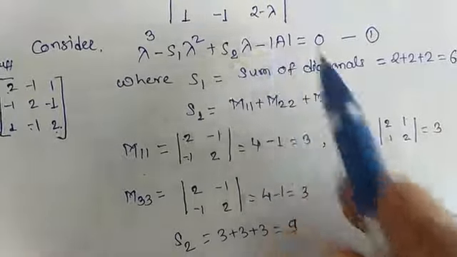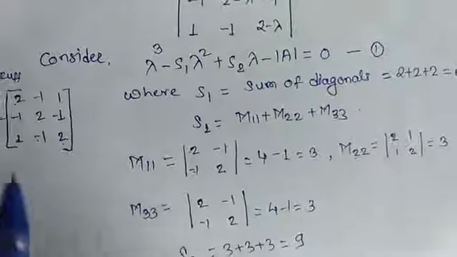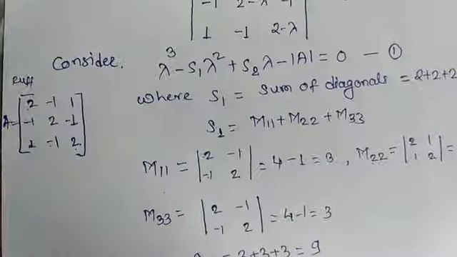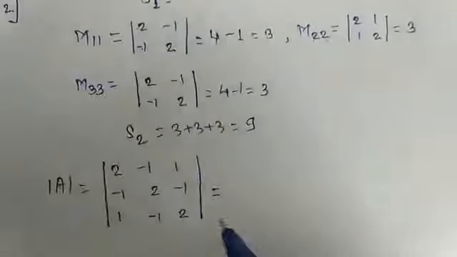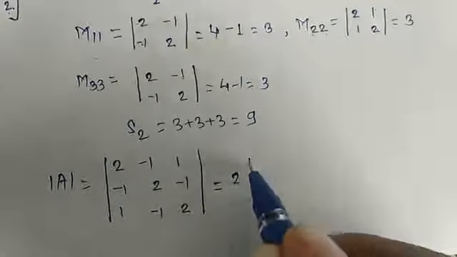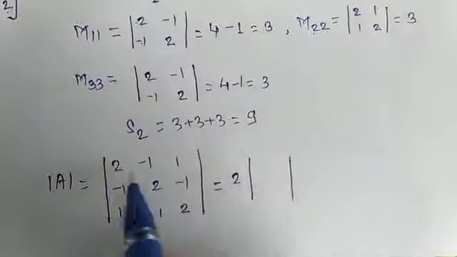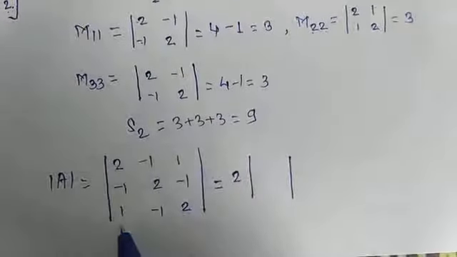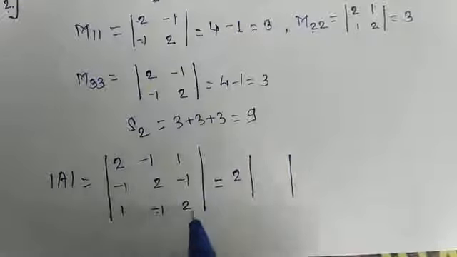Now mod of A, which means determinant of A, we have to find. Determinant of A is equal to 2 into determinant of, now here the first row and first column are deleted, so determinant of 2 minus 1 minus 1 2.